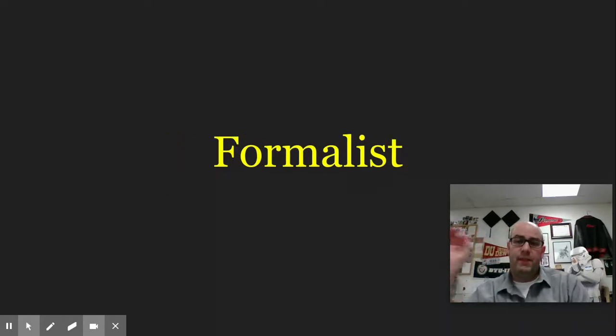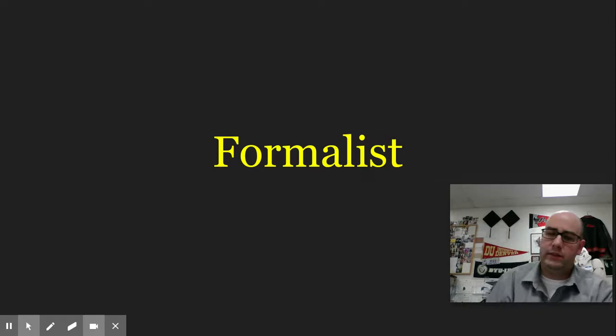Formalist lens. This is the one that we primarily focus on in AP Lit because the test wants us to be formalists. The College Board wants us to read like formalists. Formalism means that you read the text and you only care what's on the page.